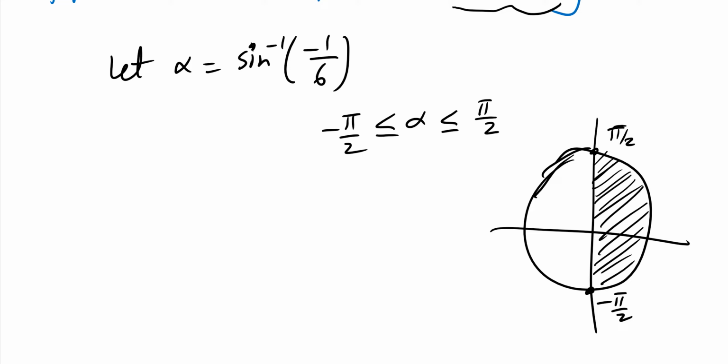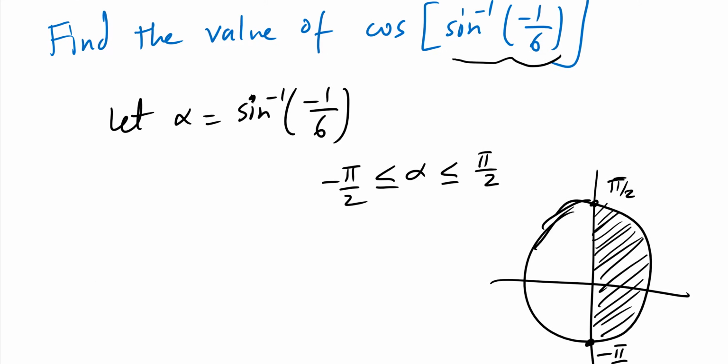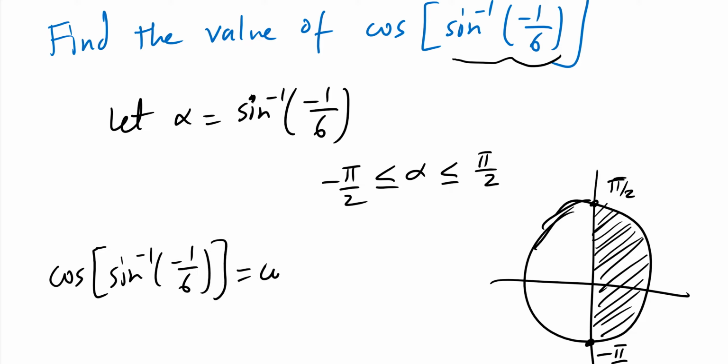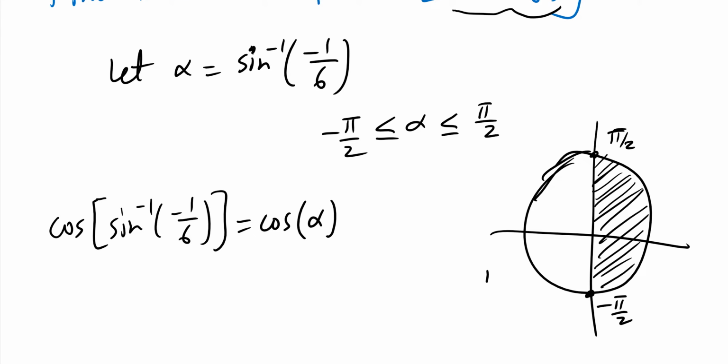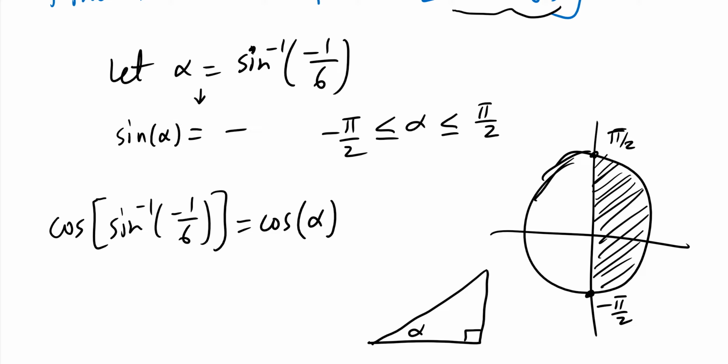So what do we need to find out? We need cosine of sine inverse of negative 1 over 6, which I assumed is alpha. So what is cosine alpha? Well, I need to find it using the Pythagorean theorem. From here we can say sine alpha is negative 1/6, and alpha is from negative pi over 2 to pi over 2.